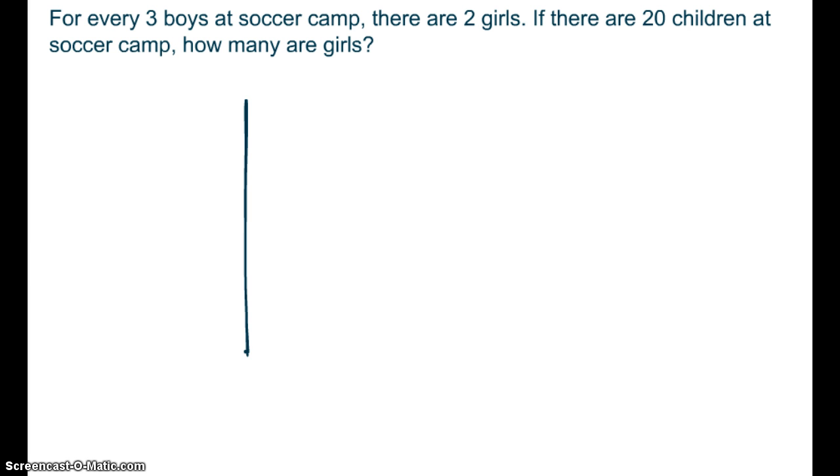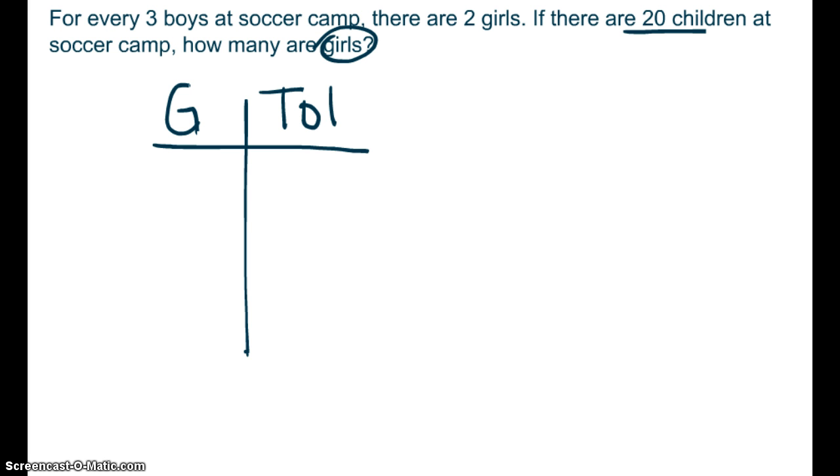So immediately, if I use my standard T-chart, I'm going to compare the number of girls, and I'm given that there are 20 children. So I'm going to call this girls to total. Well, I know that there are 2 girls. Now, my total number of kids is not 3.